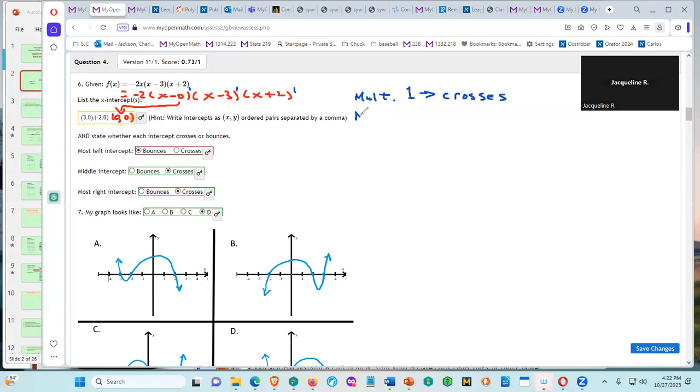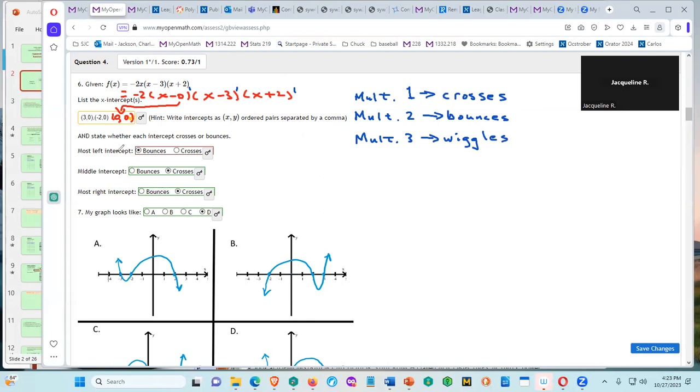Multiplicity 2, or actually any even number, means it bounces. And multiplicity 3, had a question on this this week, means it crosses but with a wiggle. So it wiggles. Here they were all just 1, so they all just cross.